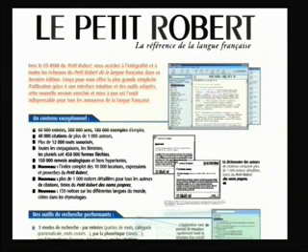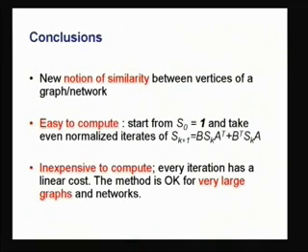Okay, so that's about the conclusion of my talk. So I've introduced a new notion of similarity, which, as I said at the beginning, has nothing to do with the number of paths between the nodes in the graph, but which expresses a more structured property of nodes in graphs. And this similarity matrix is very easy to compute.